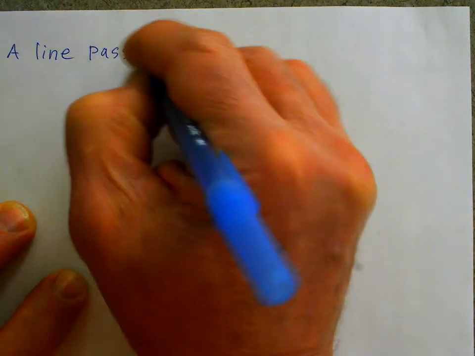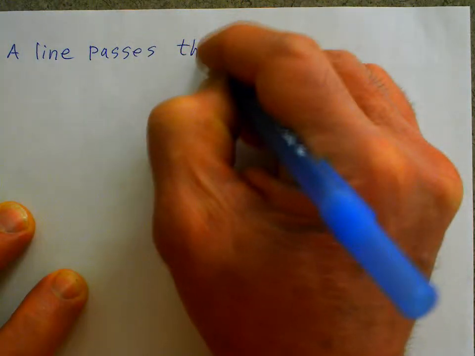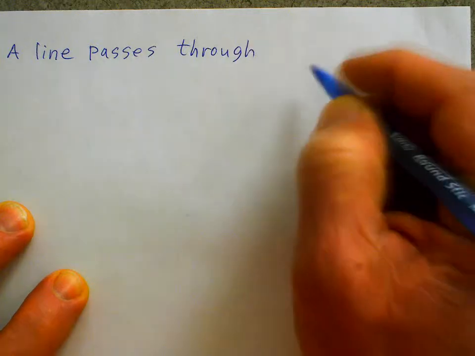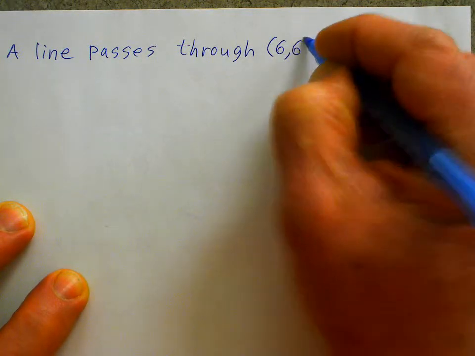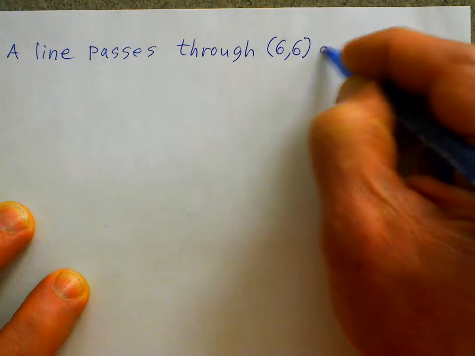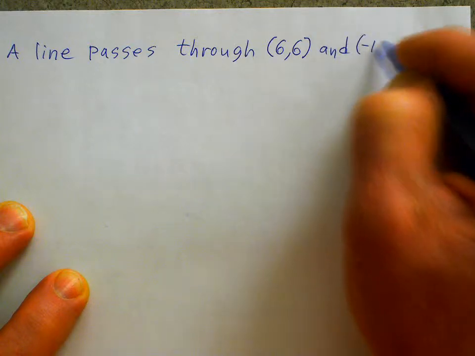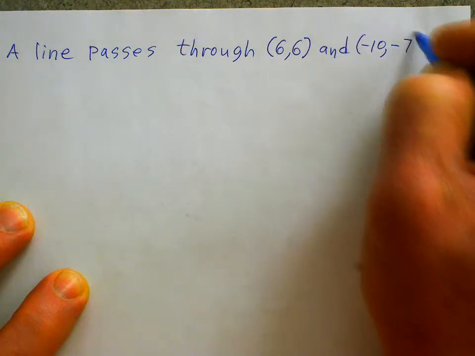A line passes through the points whose coordinates are 6, 6, and -10, -7.